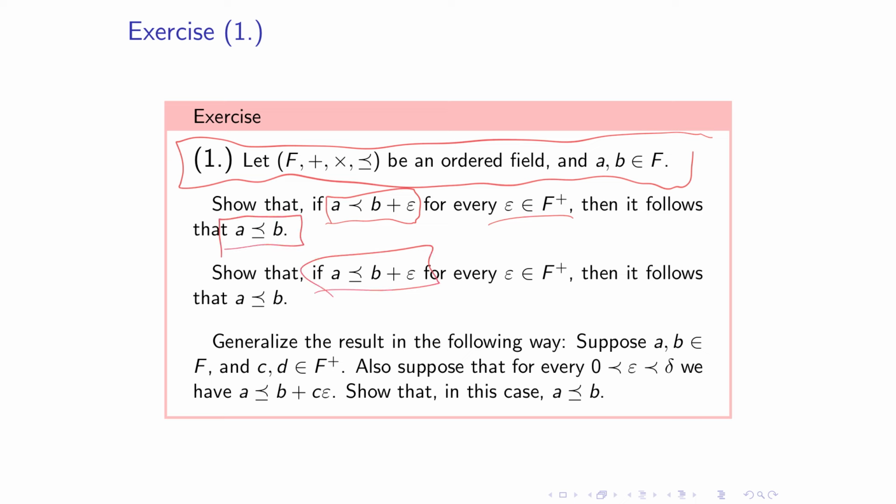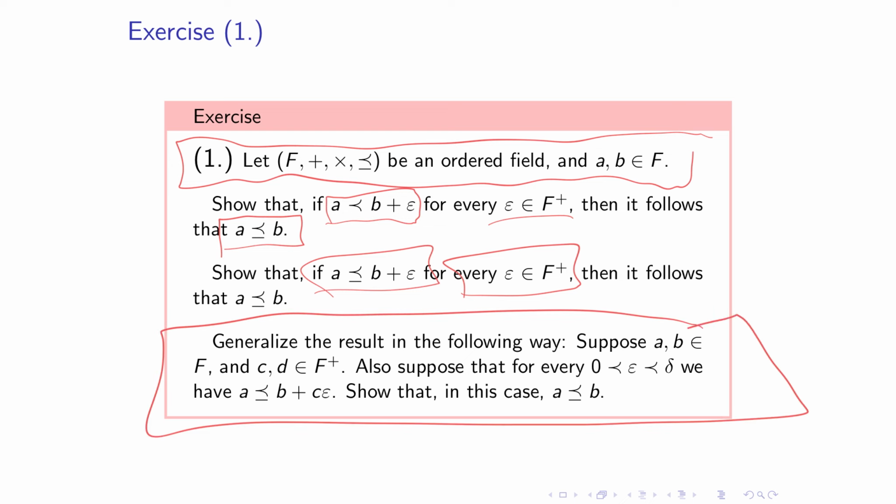The same is true if we replace the precedes with a preseek, okay? And then we will generalize this result to one of the most general ways that we could express this basic idea.